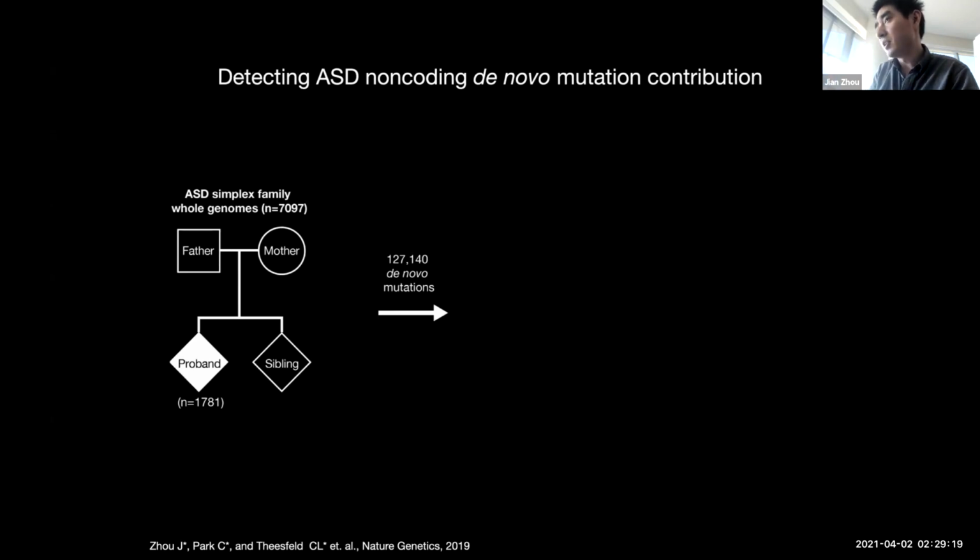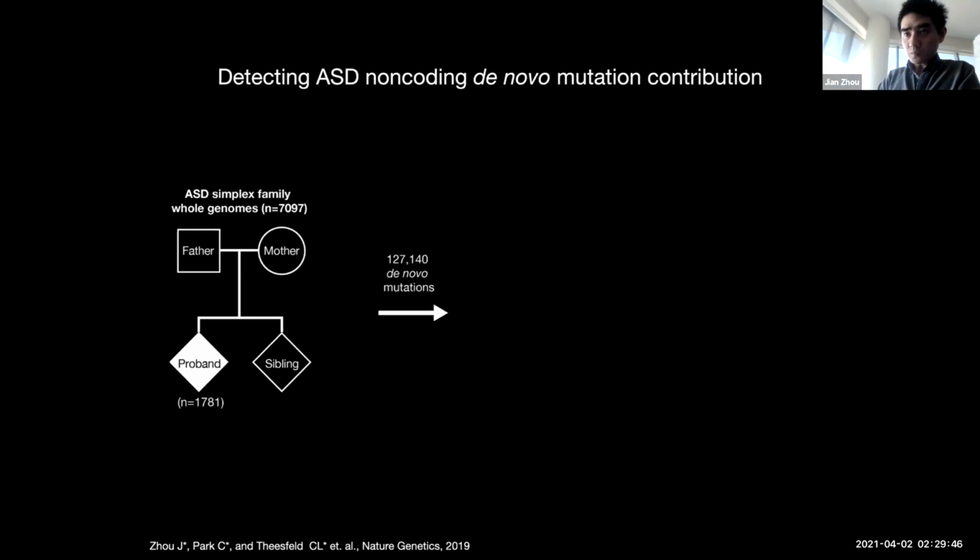De novo mutations are generally ultra rare in the human population. They are mutations that are only in you, but not in either of your parents. We generally know very little about de novo mutations, especially de novo non-coding mutations, so it has been difficult to attribute whether those non-coding mutations contribute to disease or not.